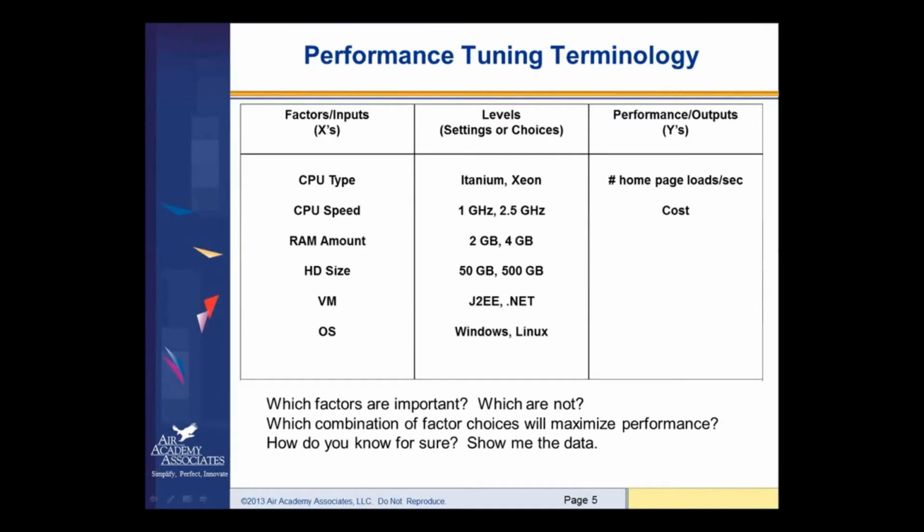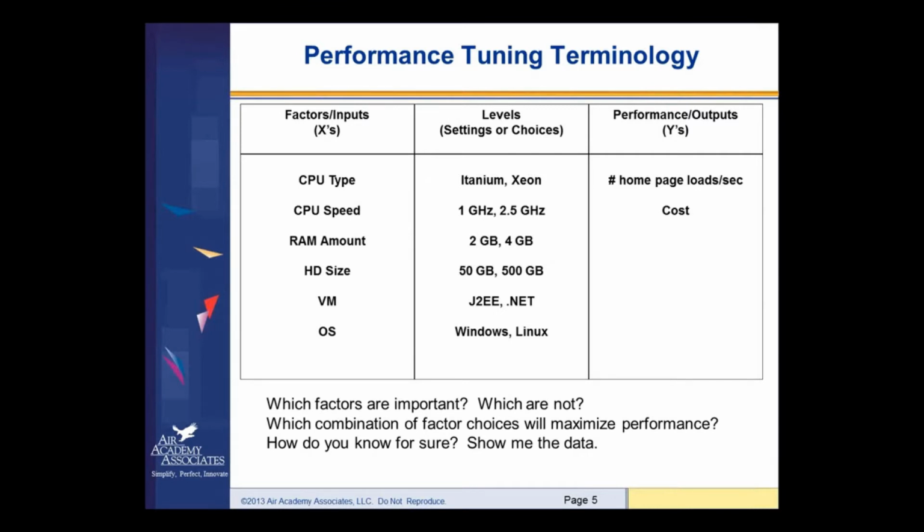Now, getting back to our performance tuning terminology, the factors are the ones we listed in the IPO diagram earlier: the CPU type, the CPU speed, the RAM amount, hard drive size, virtual memory, and operating system. The levels, or choices, that I have written down are two different levels for each of the 6 factors. CPU type is clearly a qualitative factor.